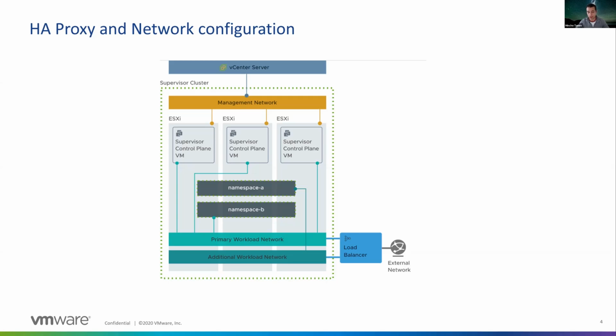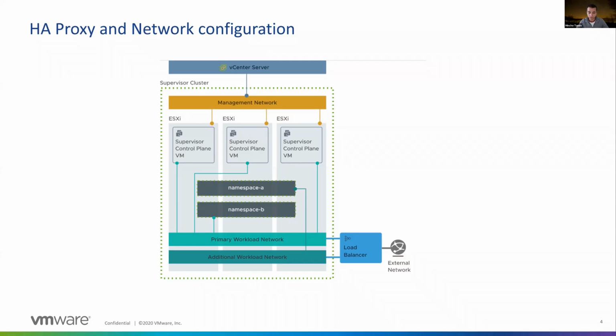It is recommended that the workload network be isolated from the management network for security reasons. Of course, you can have more than one workload network. This is important if you want to, for example, isolate different namespaces and provide them to different development teams.